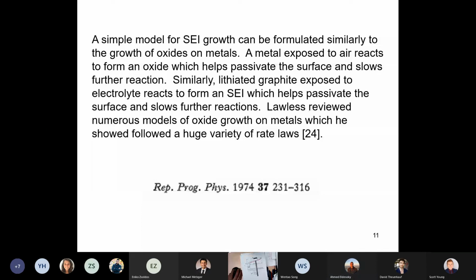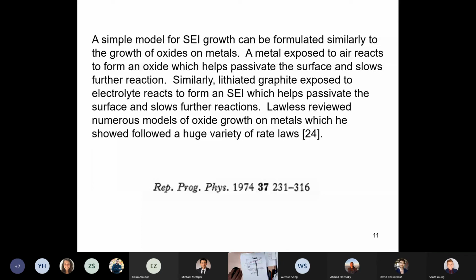The lithium metal is more reactive with the electrolyte at elevated temperature. Even though the graphite has the same amount of lithium intercalated in it? Yeah, it's a question of how fast can the lithium get to the electrolyte to react, right? And you always have this solid state diffusion step in the lithiated graphite particle that you don't have in the lithium metal. Okay.